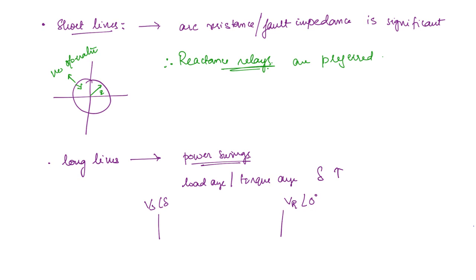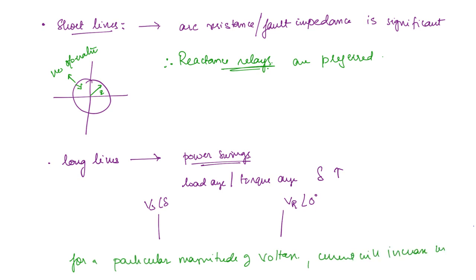So what will happen to the current? The current is going to increase. So for a particular magnitude of voltage, here we are assuming the voltage is not changing. There is no reason for it to change. So for a particular magnitude of voltage, current will increase with delta.